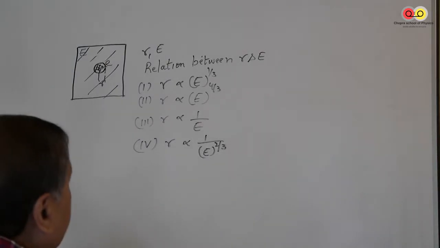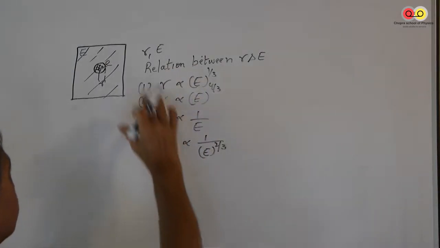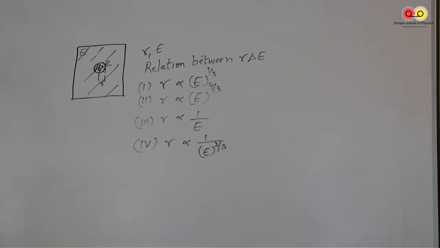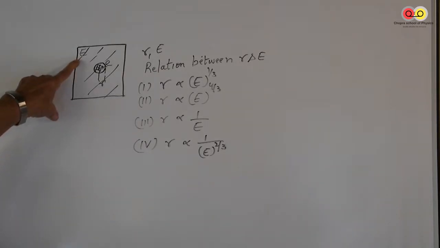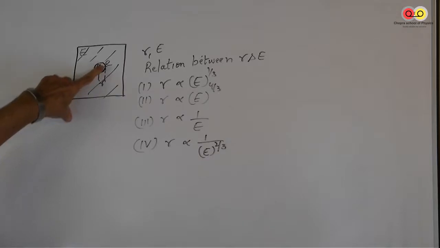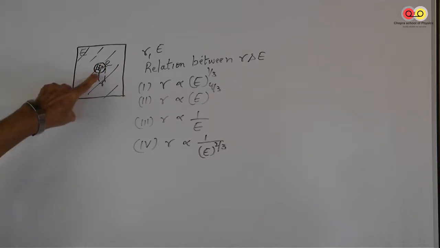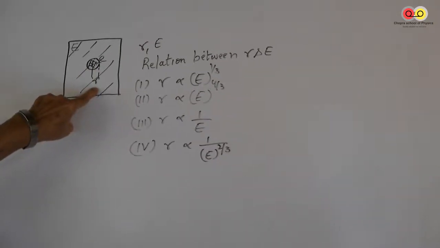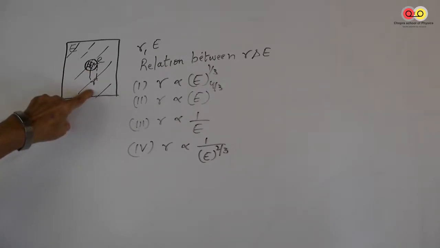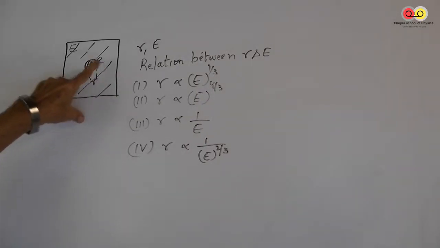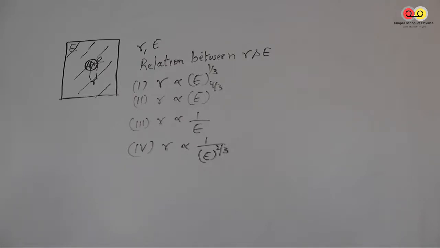So now you are finding there are four options for the question. I hope the question is clear to you. E is the electric field. This circle is indicating the water drop. R is the radius of the water drop. e is the electronic charge on the water drop.